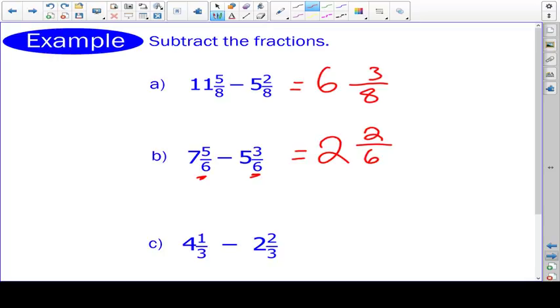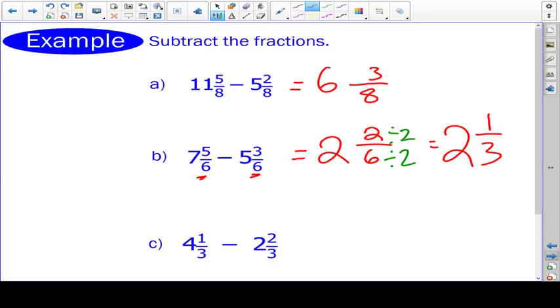What goes into 2 and 6? 2. So I can divide both these numbers by 2. And when I do that, I get 2 1/3. The big 2, or the whole 2, doesn't change. When we're simplifying a fraction, only the numerator and denominator can be reduced or changed.